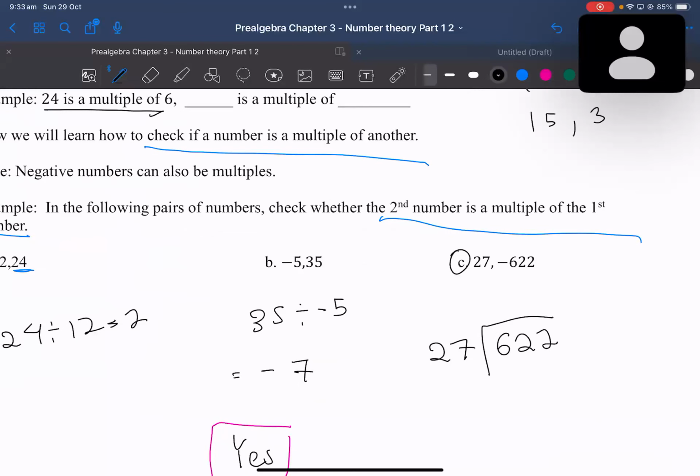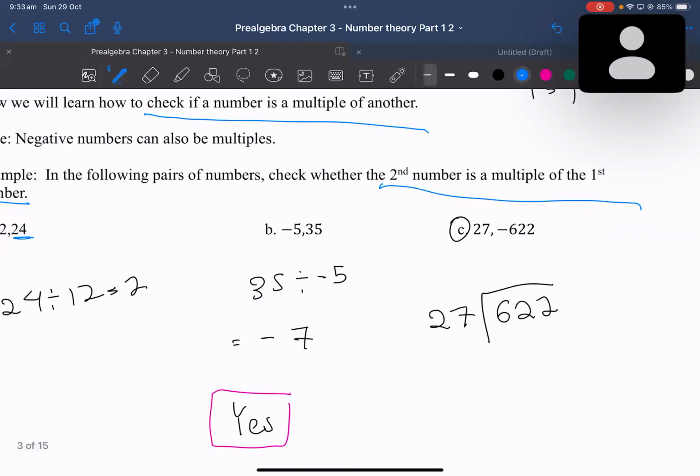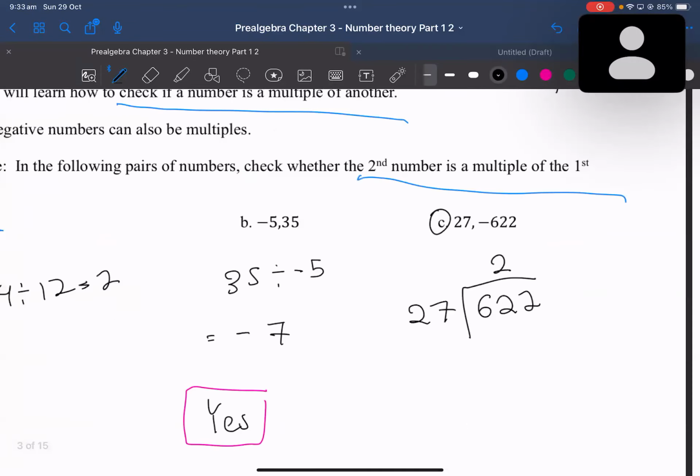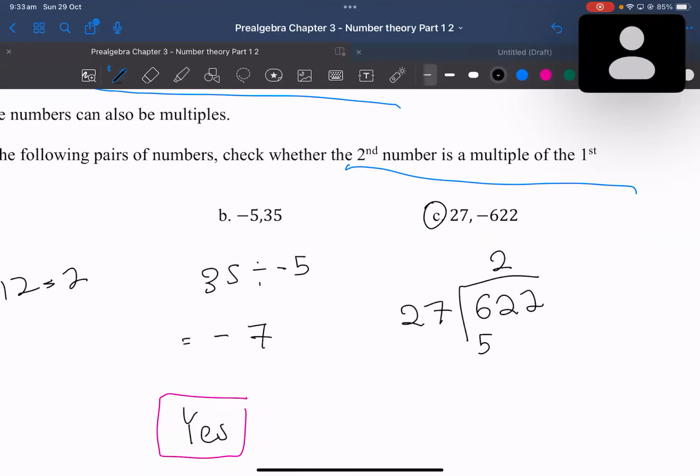Is 622 a multiple of 27? I want you to check on your own. 27 is 54, 27 times 2. Then there's 82.